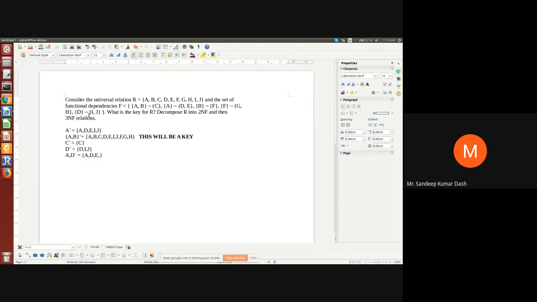D is deriving I and J, so I and J can come in. Then B will not come in anyhow. F will not come in. G and H will not come in. So this is also not a key. Likewise, you have to find all the possible combinations for getting the key.